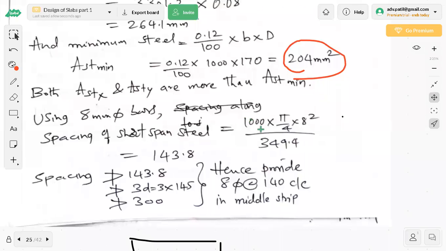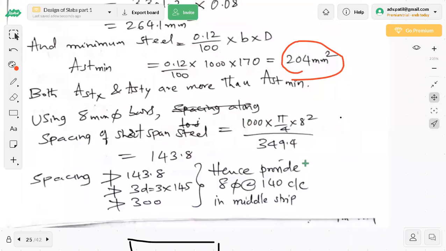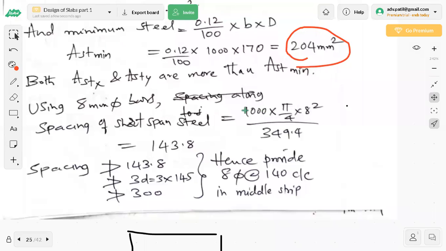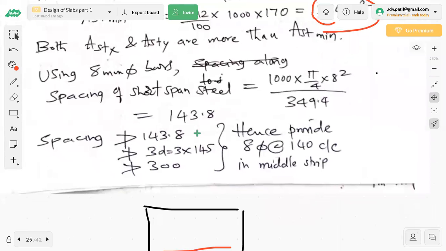That is 1000 area of one bar into total area ASTX. Okay, 1000 is the width of the slab. One B is equal to 1000. So B is 1000 taken in slabs. 1000 into area of one bar divided by ASTX. This is ASTX. So I end up with 143.8.